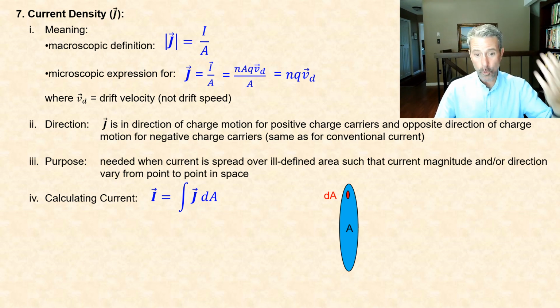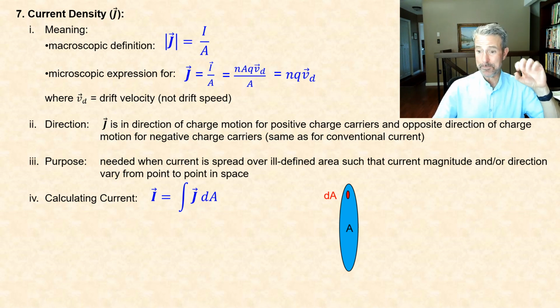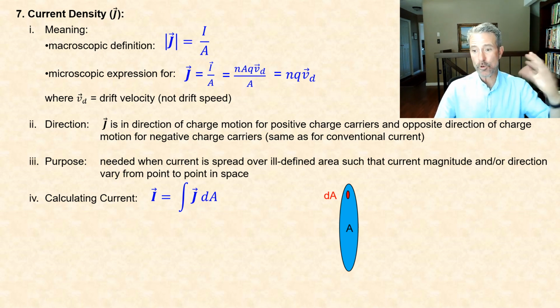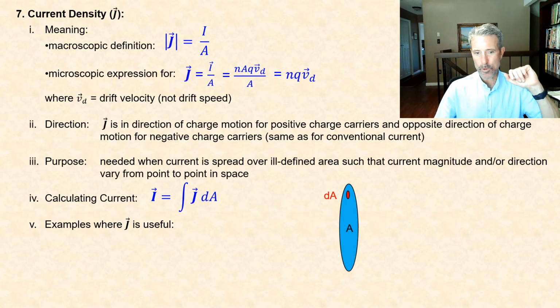And if we want to find the total current through the entire big cross-section A, we simply have to sum up the current density over each infinitesimal dA to find the total current through that region of space. So we're just invoking the techniques of calculus that you've seen us do so many times in this course already, up to this point in the course.